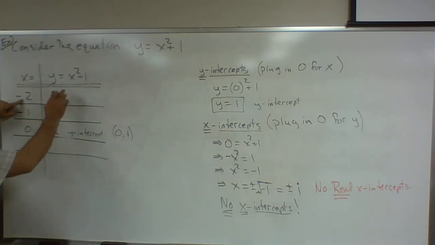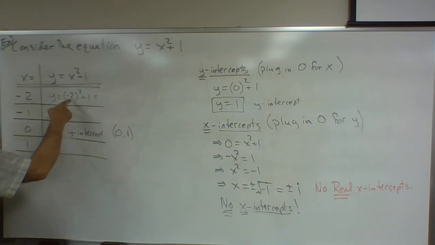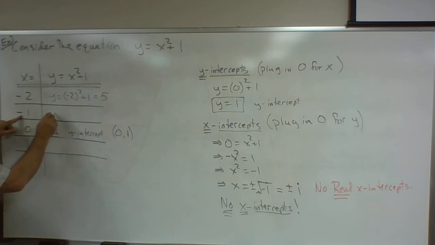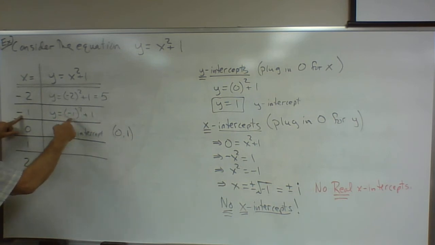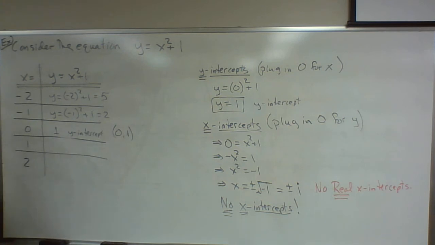x equals -2, I'll plug in -2 for x. So we have 4 plus 1 is 5. x equals -1. We plug in -1 for x, and we get 1 plus 1 is 2. x equals 1.